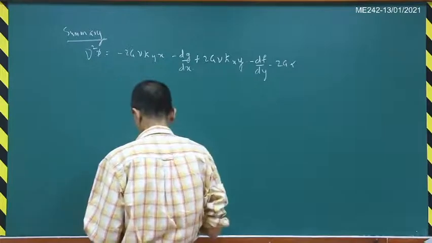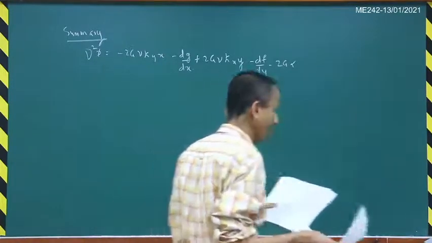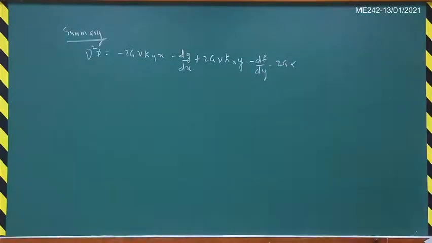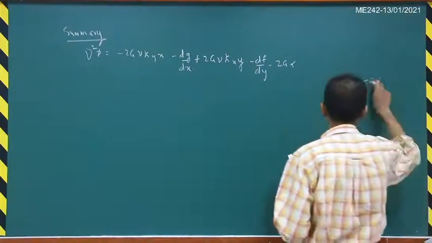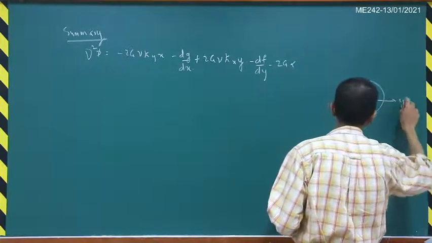And we saw that the phi can be taken to be 0 on the cross section. So let me just draw this cross section, and this is the x axis, y axis.